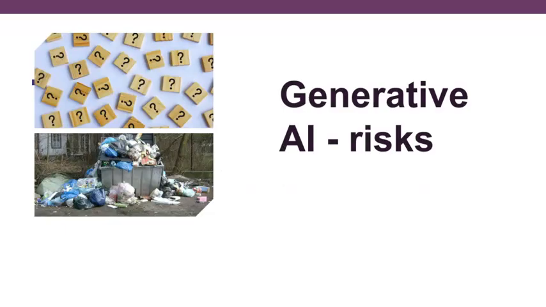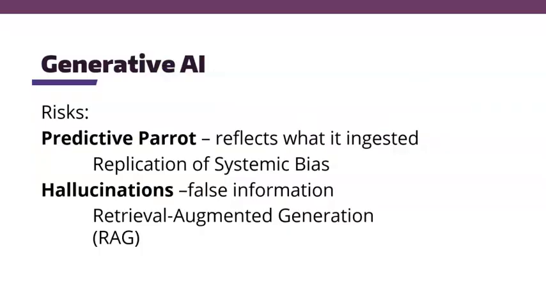Okay, so there are some risks, and they're substantial, and I don't want to overstate either the benefits or the risks. So I just want to go through this and be very careful that you understand generative AI is not a person. It is not any type of an individual thinking, feeling entity at the moment.